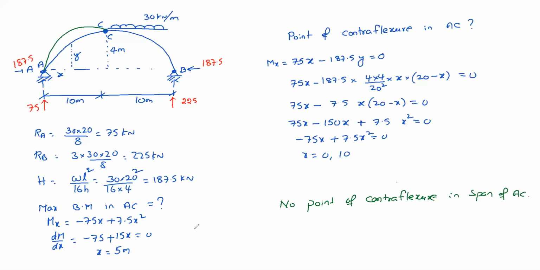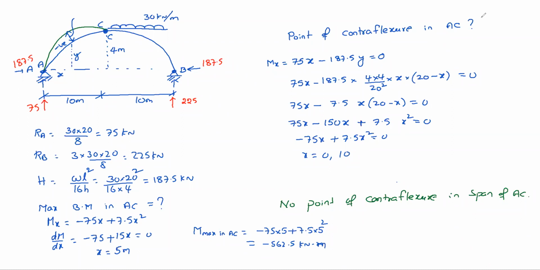So M max in AC equals minus 75 into 5 plus 7.5 into 5 square, which is minus 75 into 5 minus 7.5 into 25. Negative moment, minus 562.5 Newton meter. This is the maximum moment, a negative moment.